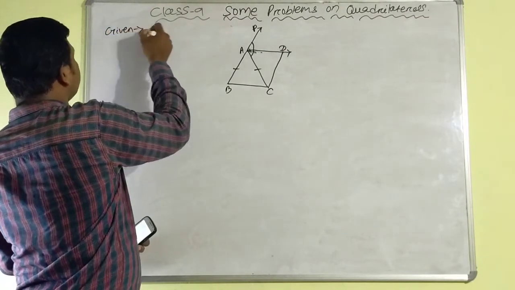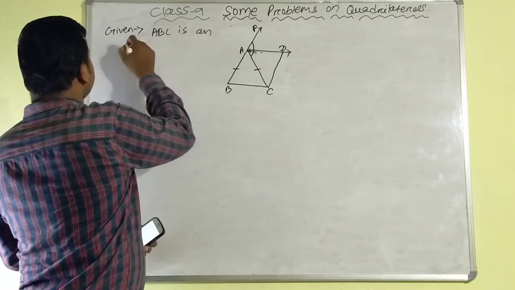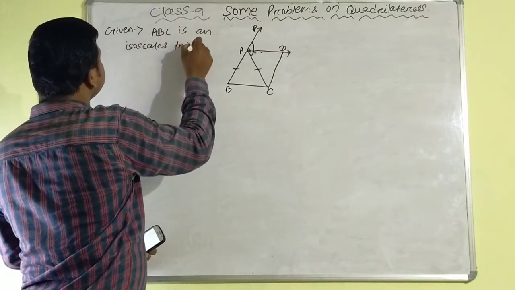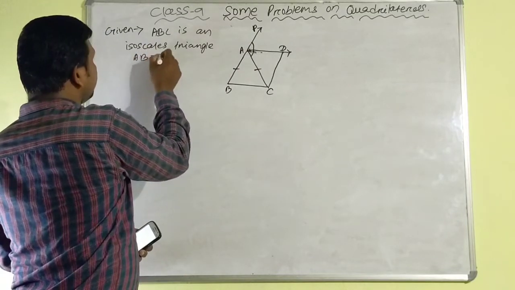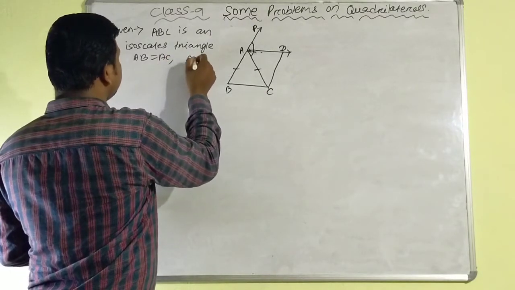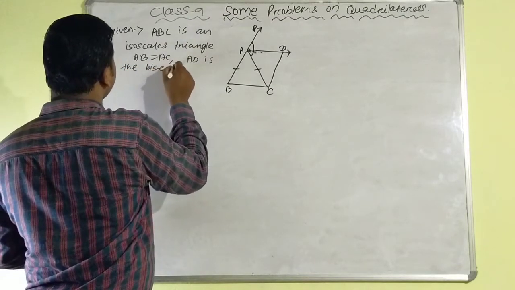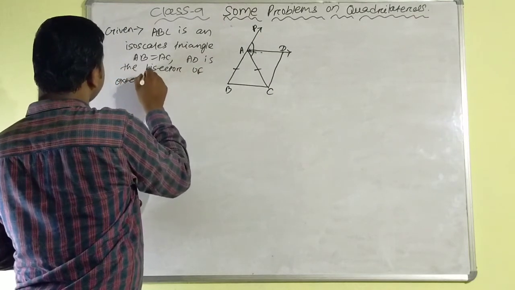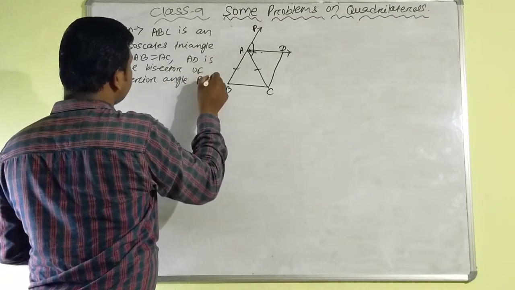What's given here? ABC is an isosceles triangle where AB equal to AC and given AD is the bisector of exterior angle PAC.